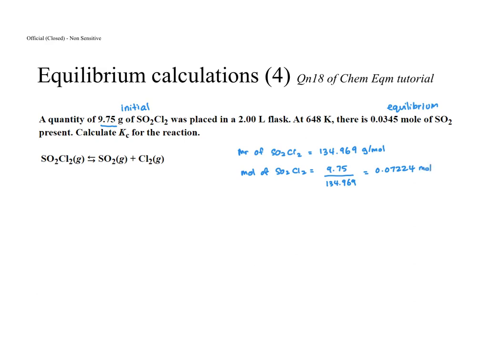We are given the volume of the flask, which is 2 liters. So we can calculate the initial concentration of SO2Cl2. With the data given, we can also calculate the equilibrium concentration of SO2.